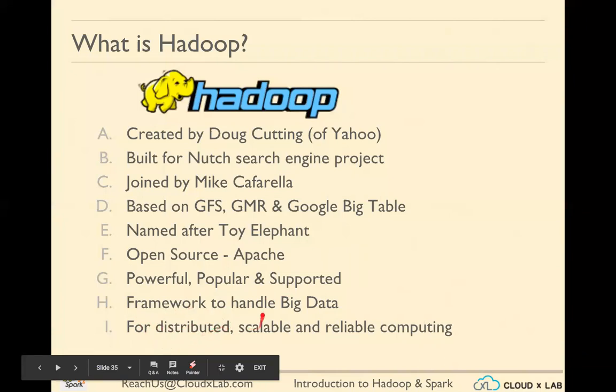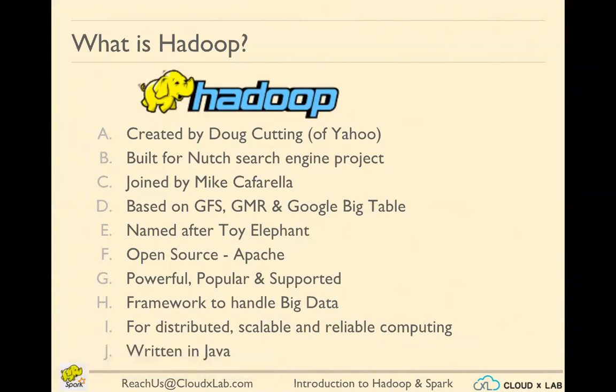Scalable means today you are using 10 computers, tomorrow you might want to use 100 computers, so it should be possible to use more computers as and when we want. And reliable means that if some of the computers stop functioning, it should still work. That is distributed, scalable, and reliable computing. And almost all of the components under the Apache Hadoop umbrella are written in Java.